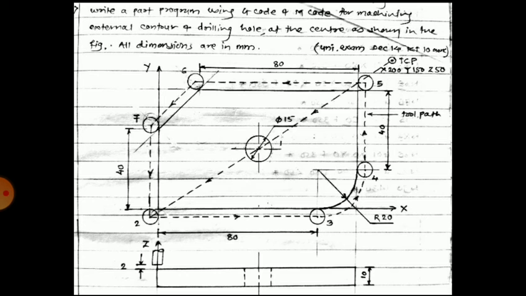So N20 G00 X200 Y150 Z50 T02 S1100 M06. So go to the tool change position for selection of tool number 2 for the drilling operation. N25 G00 X50 Y30 Z2 M13 and N30 G01 Z-18 F100 means the drilling operation is performed.